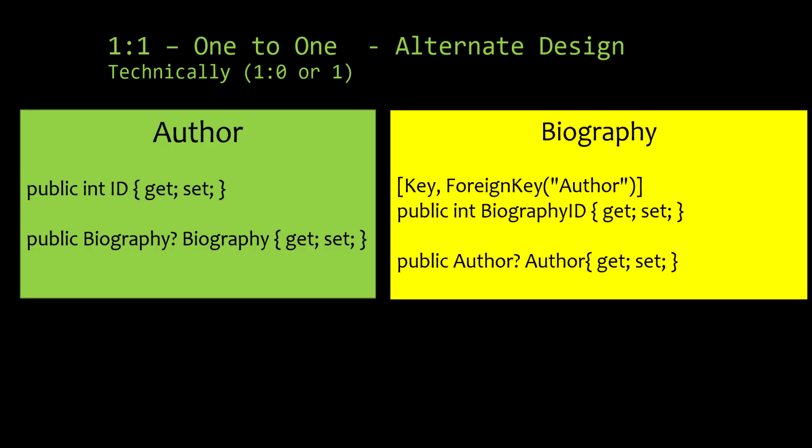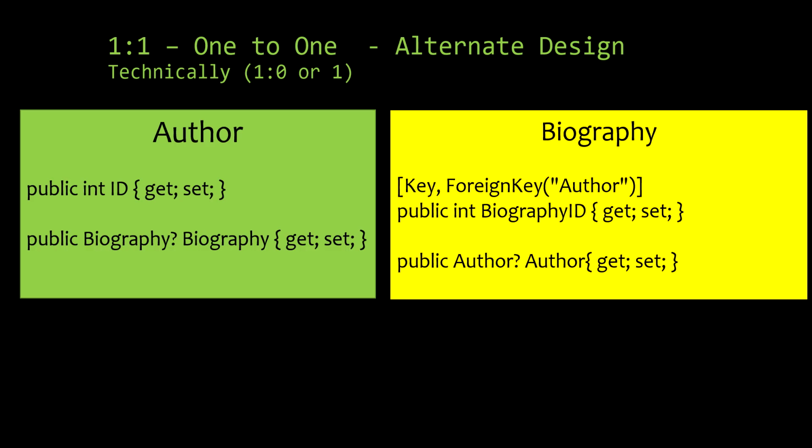And this means we don't have to worry about generating another unique identity for the actual biography primary key. The foreign key does dual purpose. The biography ID is the foreign key relating back to the ID of the author, and at the same time it functions as the primary key of the biography.